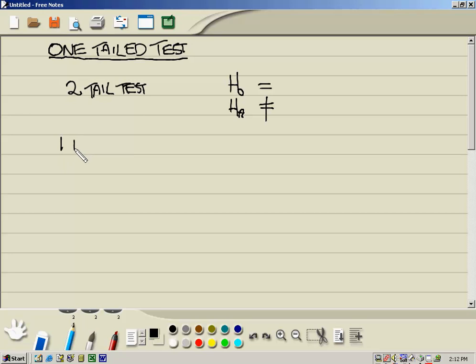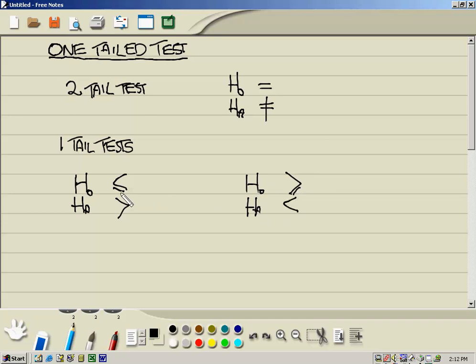In one-tailed tests, we could have that the null hypothesis has less than or equal to, and then the corresponding alternate will have a greater than, or the null could have a greater than or equal to sign in it, and the corresponding alternate would be less than.